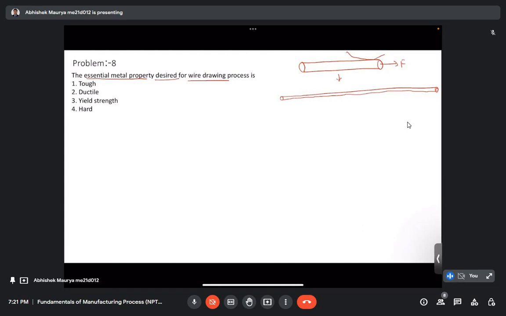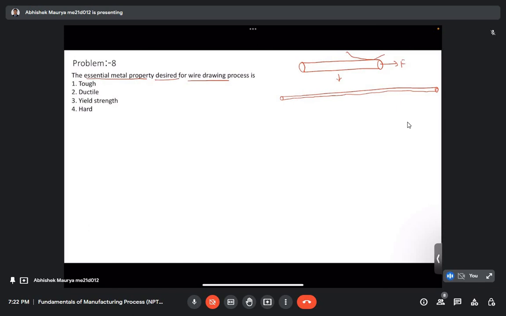If we look at the options, we have toughness, ductility, yield strength, hardness. All are properties, basically mechanical properties related to the material.